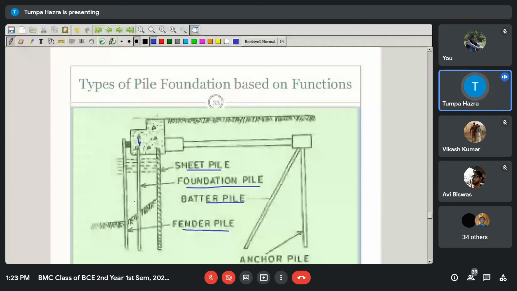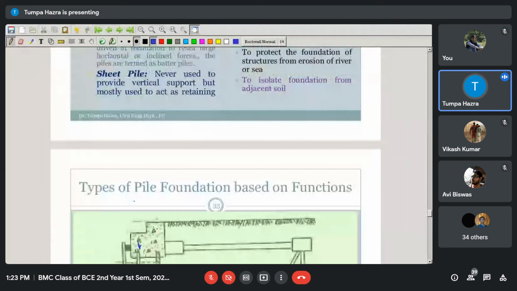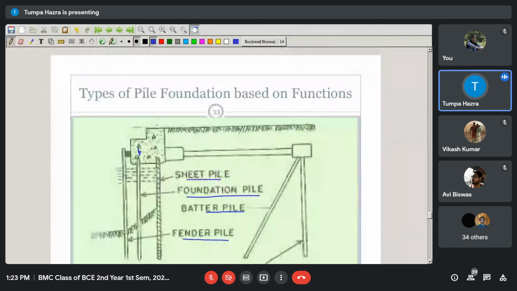Then batter pile. Here you can see that all the piles are vertical.